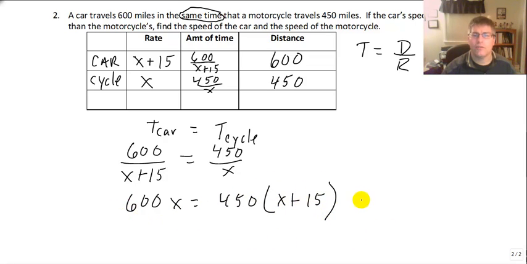So I've got this all set up for you. You can solve for x and answer the question. The question is to find the speed of the car and the speed of the motorcycle. So make sure you give me both rates in your answer when I see you in class.